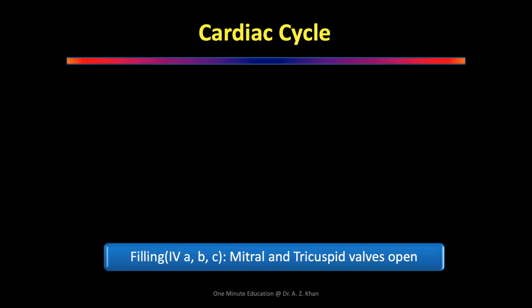So tell me, what is stage 1? What is stage 2? Or phase 1, phase 2. Phase 2 has got 2 phases, 2A and 2B. Phase 3, phase 4A, 4B, 4C.